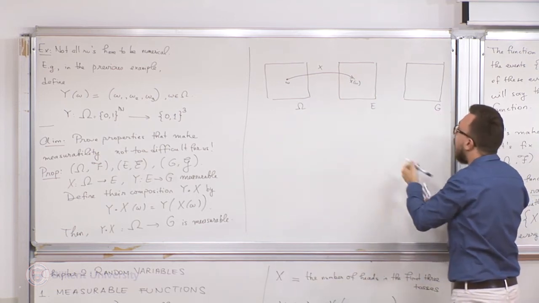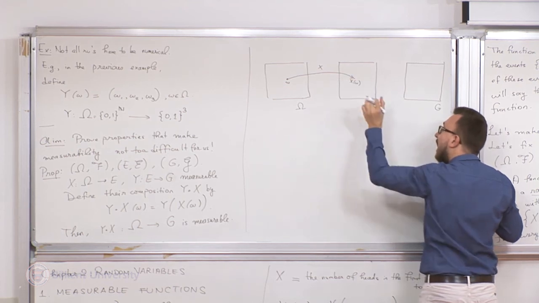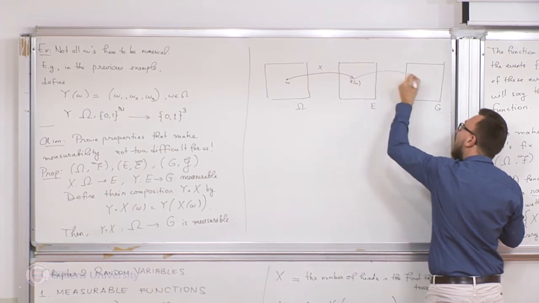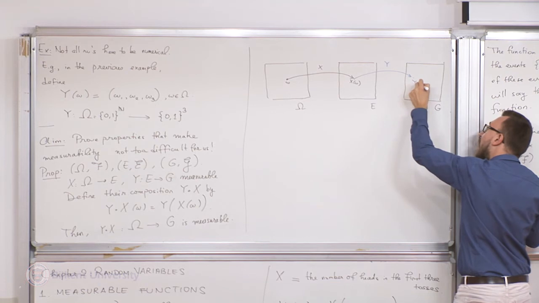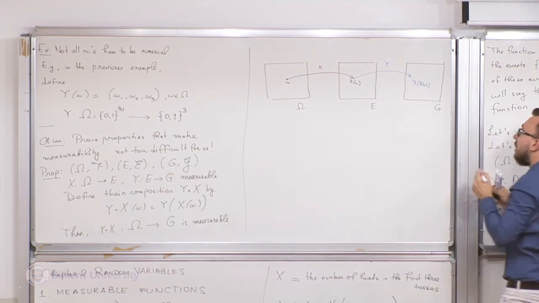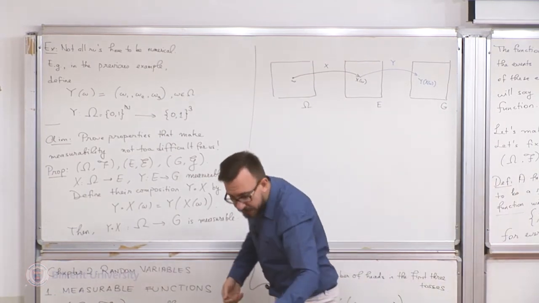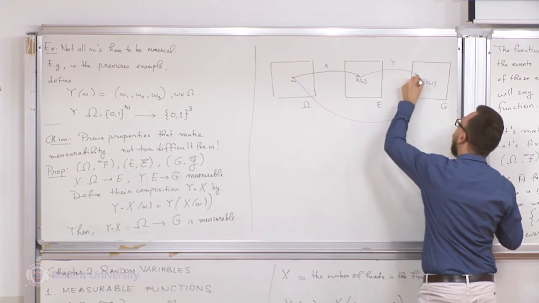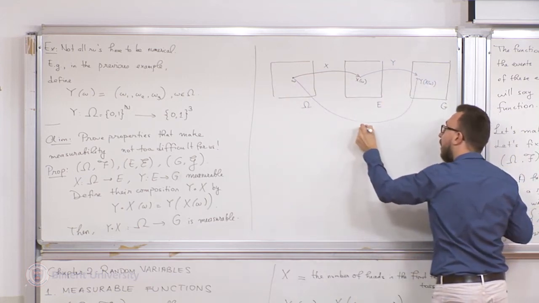And using Y, you take it as a point in the domain of Y and map it to Y of X of omega. So at the end of the day, you get your composition, which takes omega to Y of X of omega.